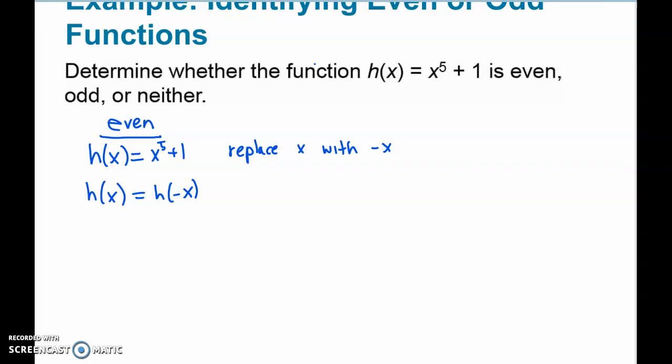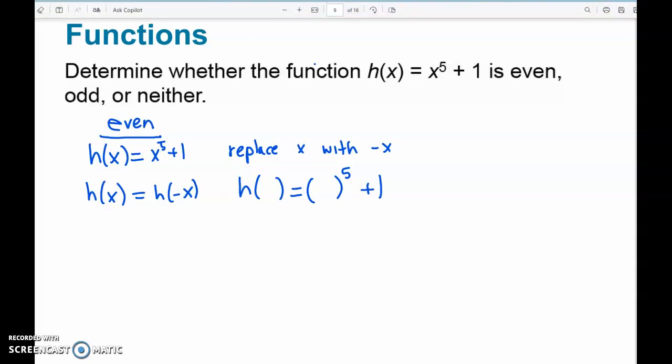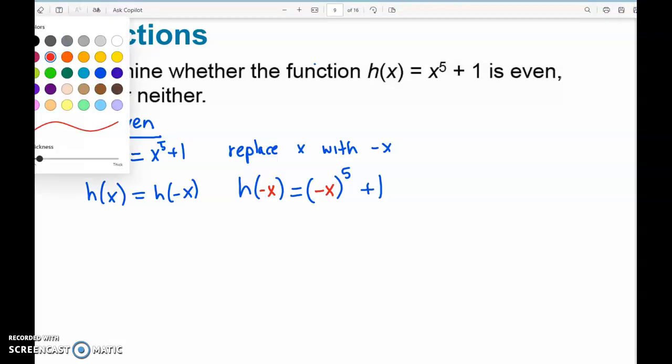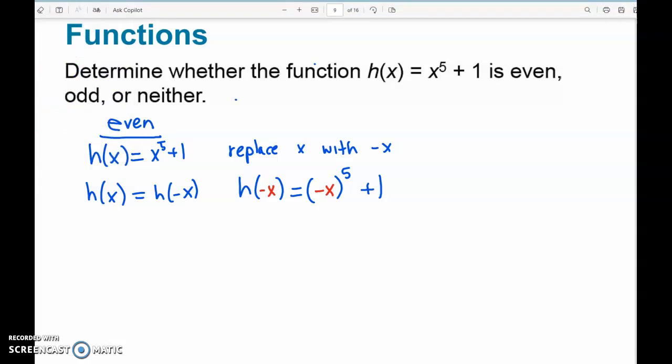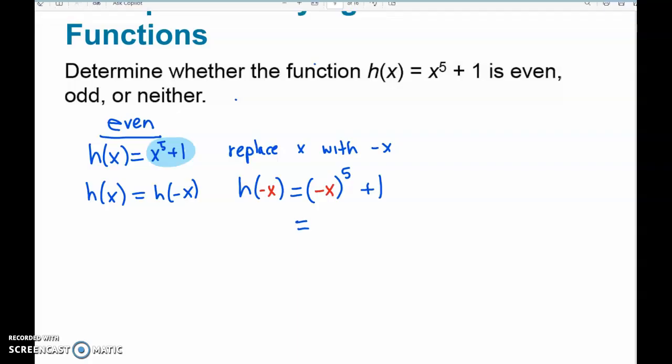If this is true, then we're going to say it's even. So I'm going to take the function, and wherever I have an x, I'm going to put in negative x. So this is my original. And now when I put in negative x, let's see what happens.